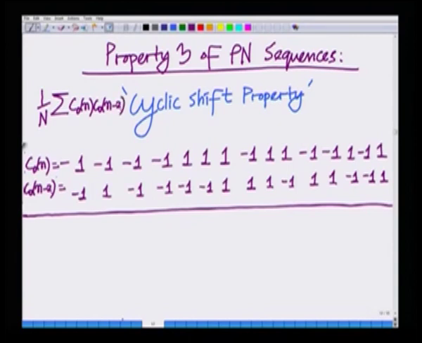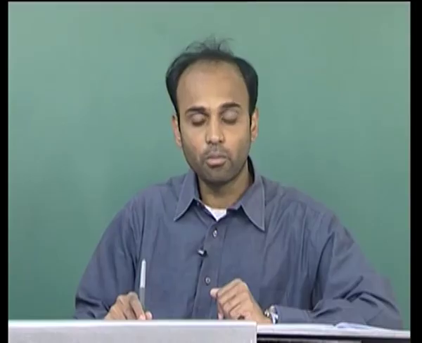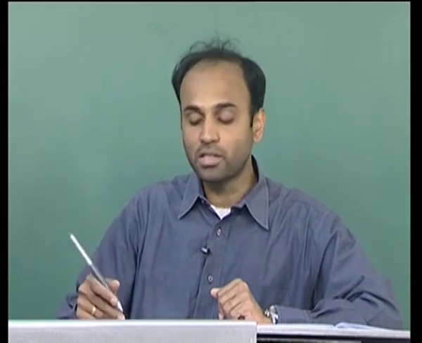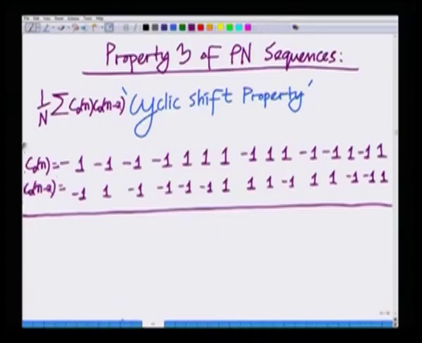That is, I am taking C0 n, which is what I have written down here, and C0 n minus 2, which is what I have written down beneath. I am going to take the product chip by chip, sum all the products, and then divide by n, which in this case is 15, because the length of the sequence is 15. So, let me first take the product.